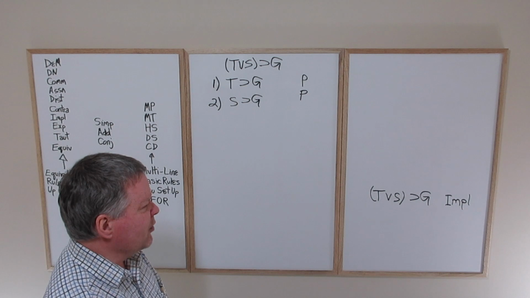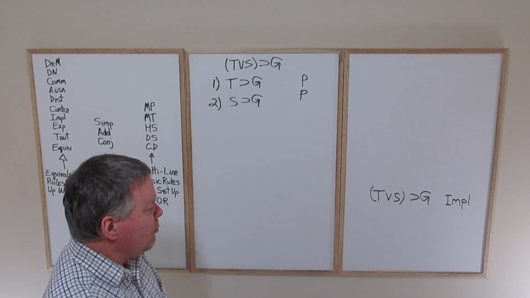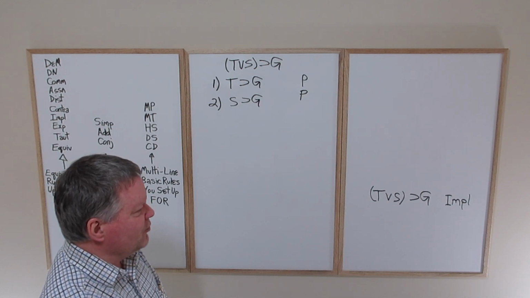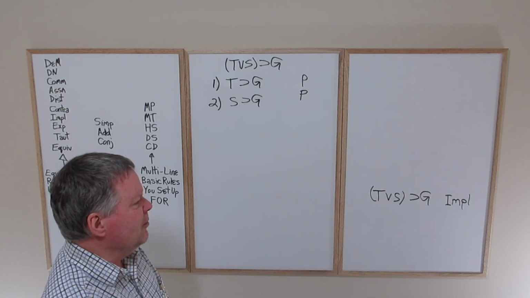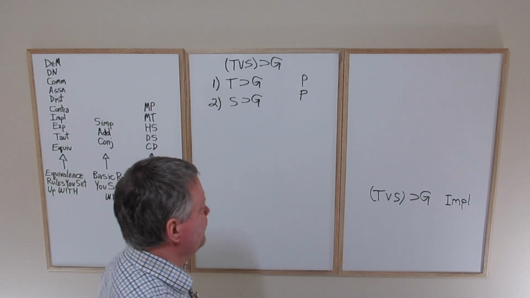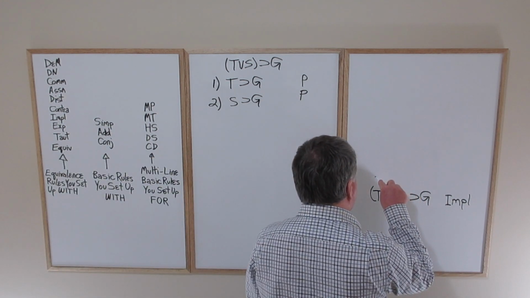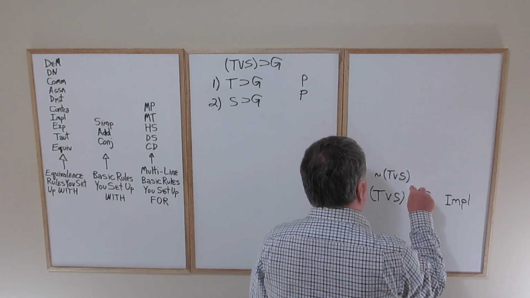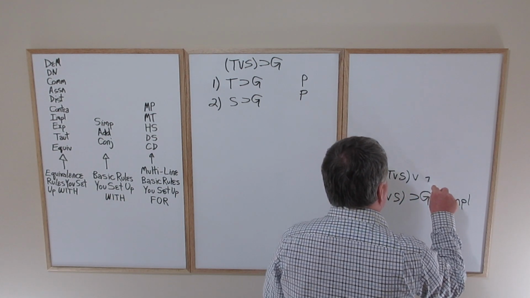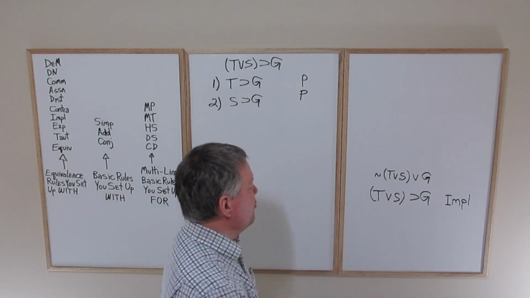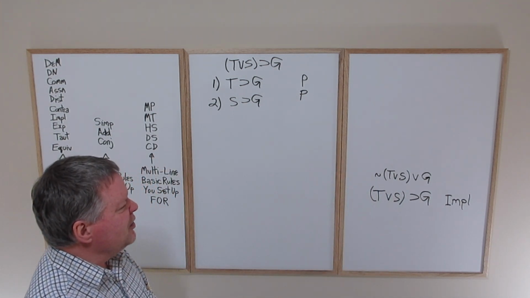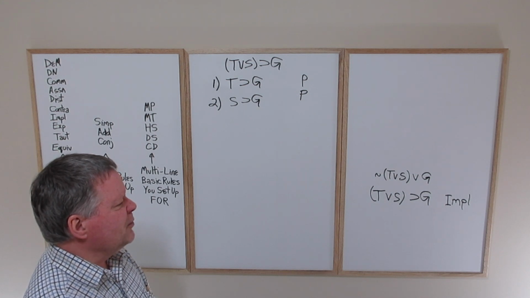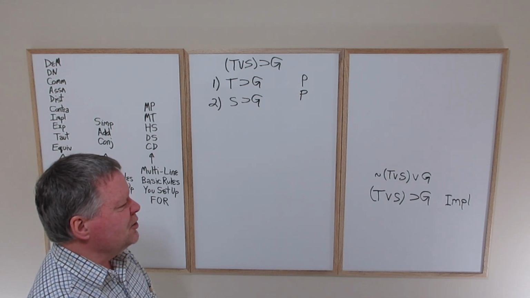So now we can ask ourselves, what would the second last line of the proof have to be in order for us to get this conditional by implication? Answer, it would be tilde T or S, or G. So if we could just get that disjunction, then by implication we could get our final conditional.